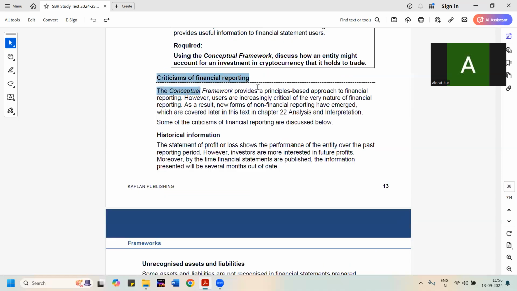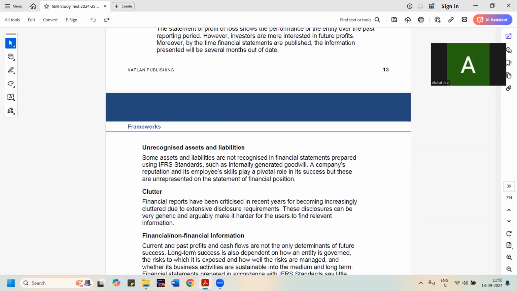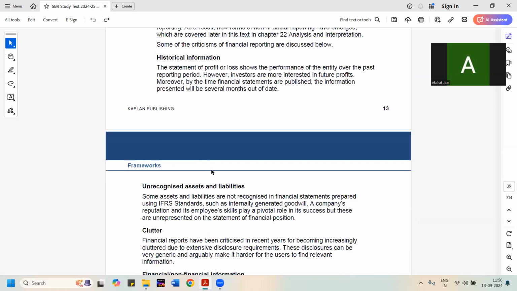Criticisms. The criticisms of financial reporting include historical information. So basically, the argument is that investors are more inclined towards getting to know the future of the company rather than historic information. But at the same time, what relevance or trust factor would the future have?